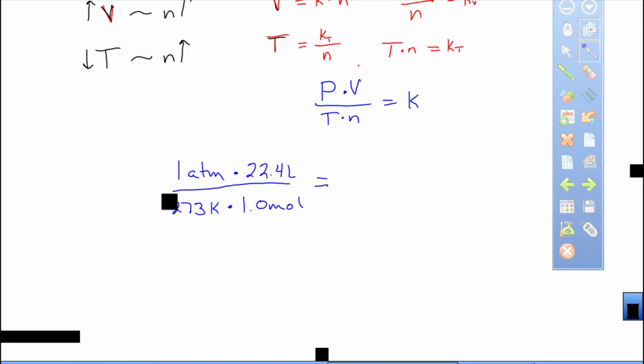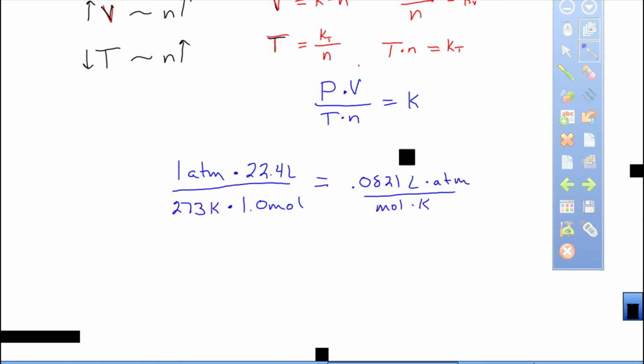Now, what they figured out when they did this is they came up with this value of 0.0821. And if you look at the units of this thing, it's actually liters atmospheres over moles Kelvin. So that constant is going to stay constant for this gas law.